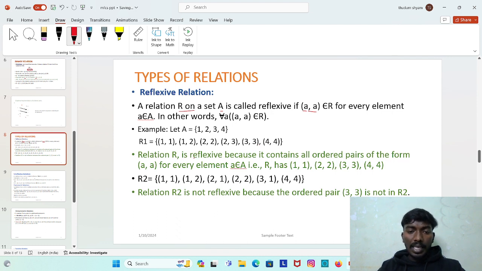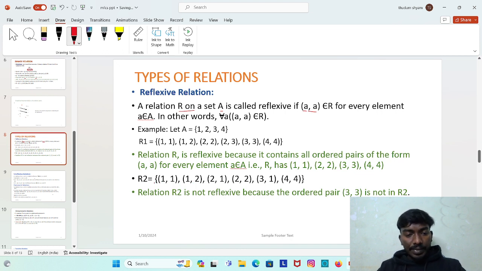Here the relation R is reflexive because it contains all the ordered pairs (a, a) for every element a belonging to A: (1, 1), (2, 2), (3, 3), (4, 4). It is called a reflexive relation when it contains (a, a) for every element of A.